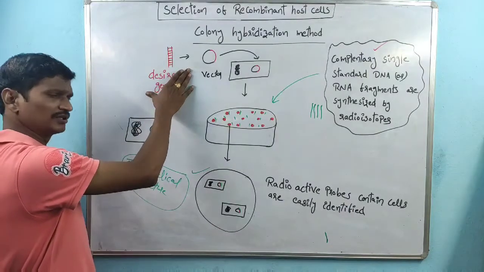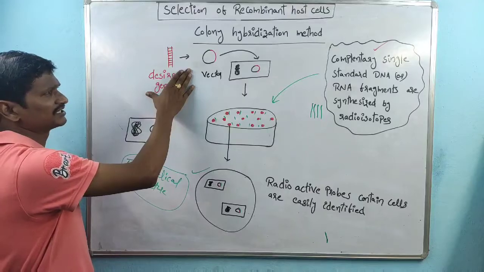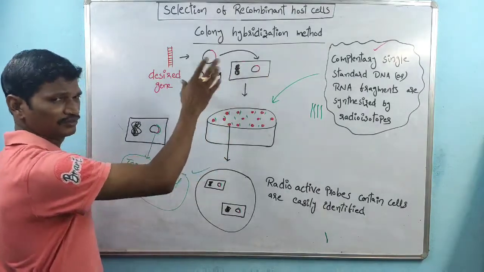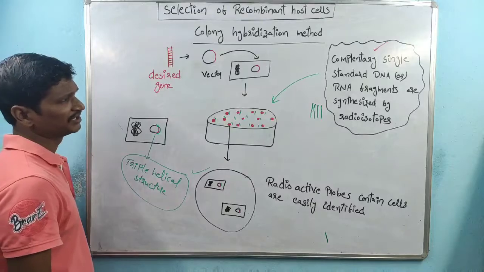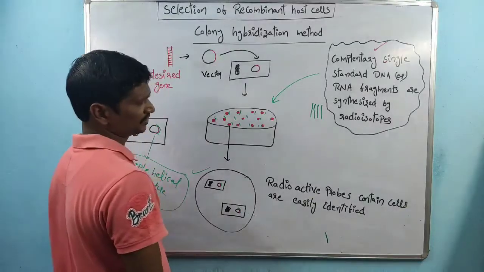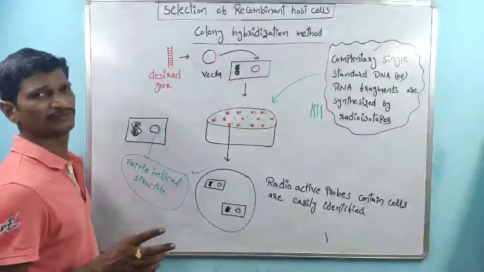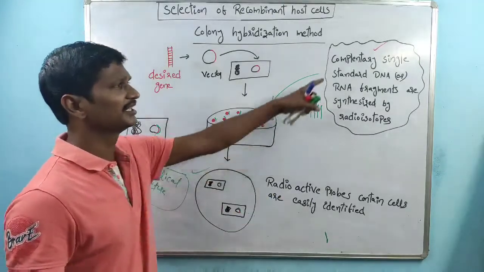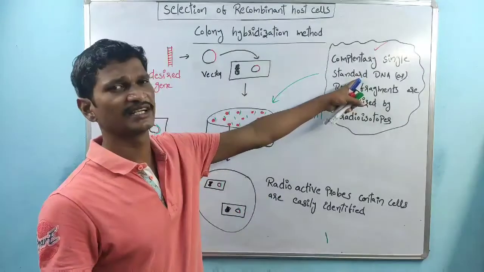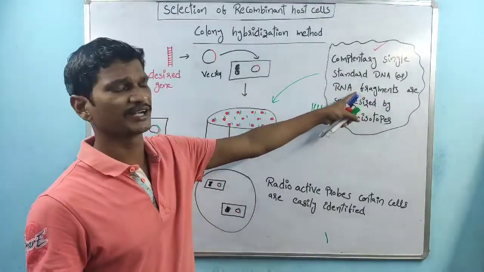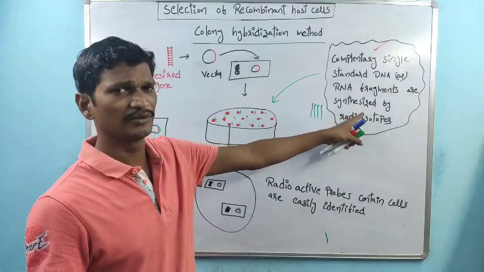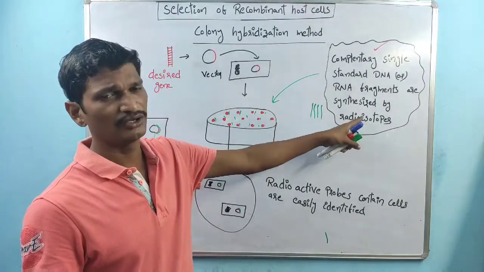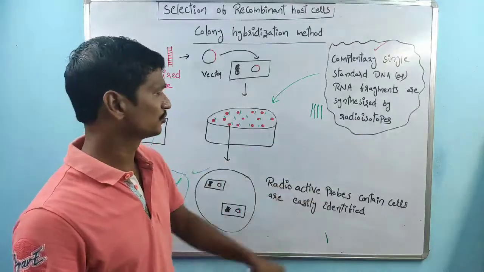In this method, in the common process, the desired gene is inserted into the vector, and inserted into the host cell. After that, for the identification step, complementary single-stranded DNA or RNA fragments are synthesized using radio-labeled substances or radioactive isotopes.